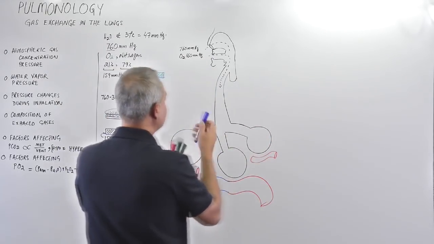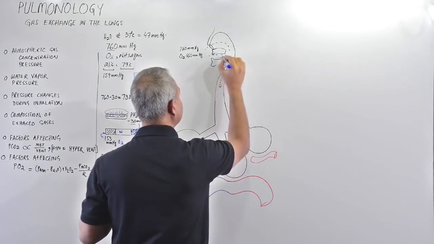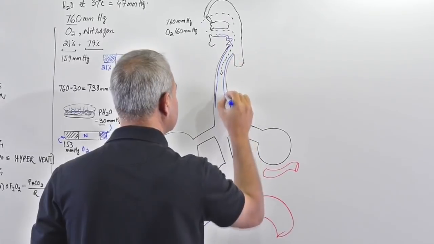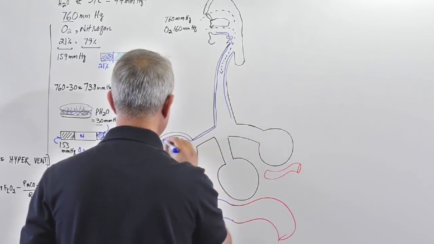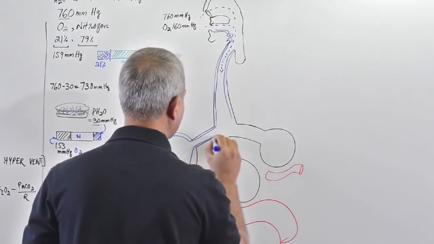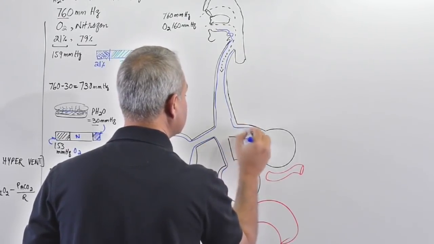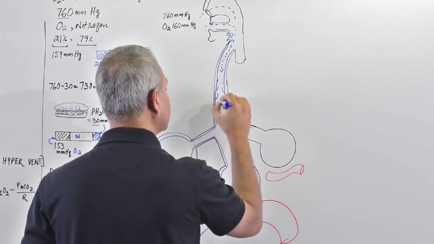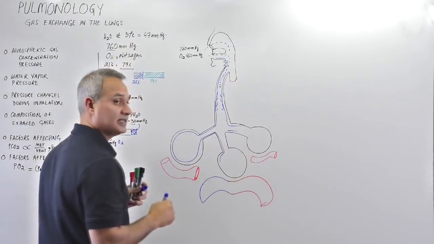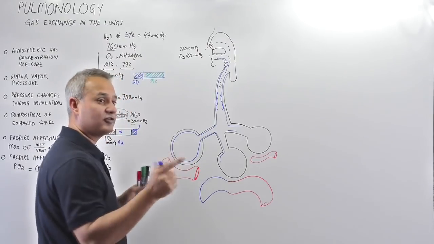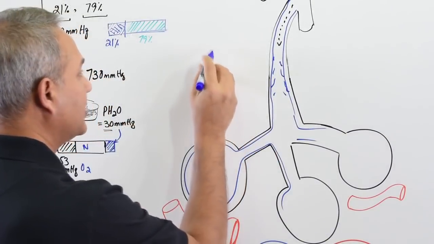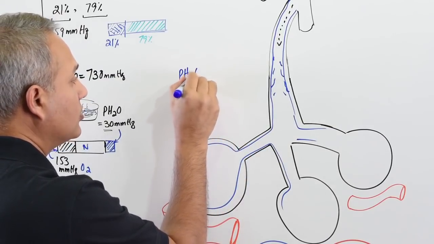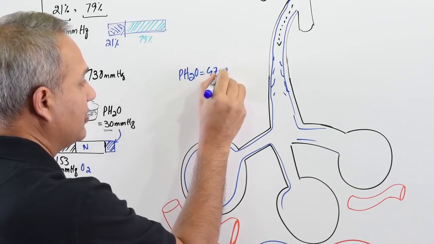These surfaces are all wet, so they are giving off water vapors. At 37 degrees centigrade, what is the pressure of the water vapor? 47 millimeter of mercury. So let's say PH2O is 47 millimeters of mercury.